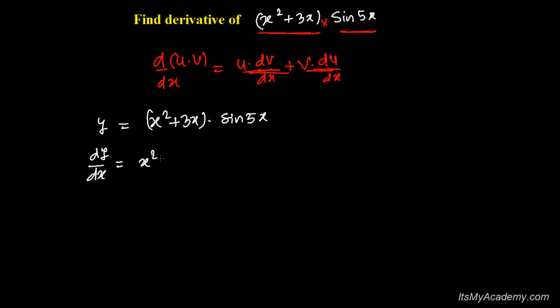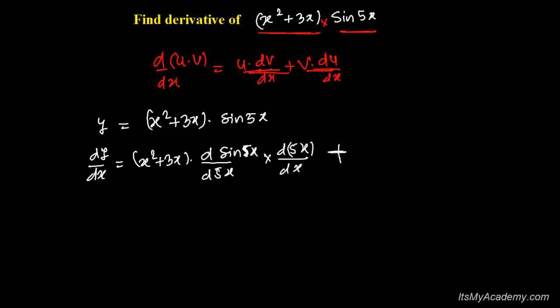So the first function is x squared plus 3x, times the derivative of sine 5x. To find that, we differentiate with respect to its angle, 5x, and since I have done that from my side, I need to multiply it also with d(5x) over dx.